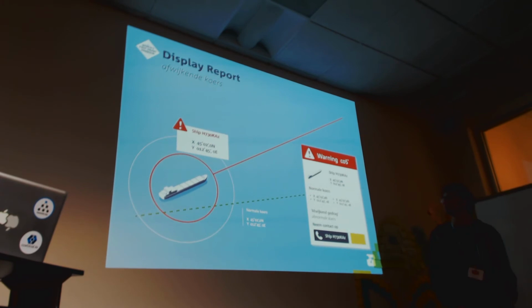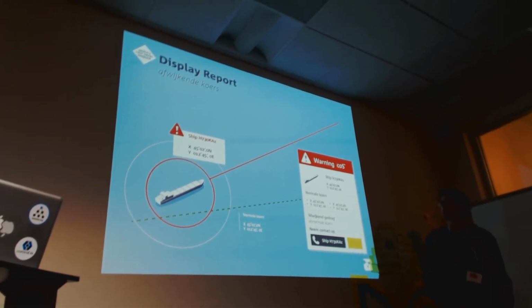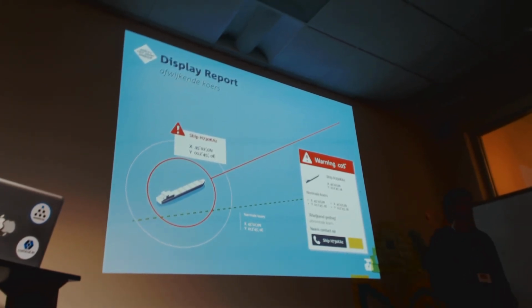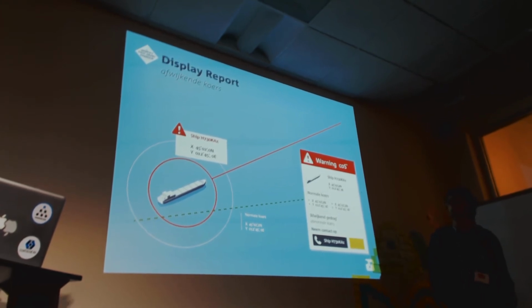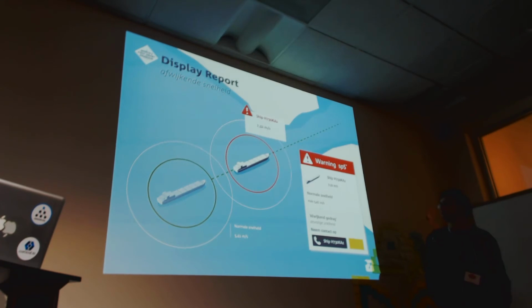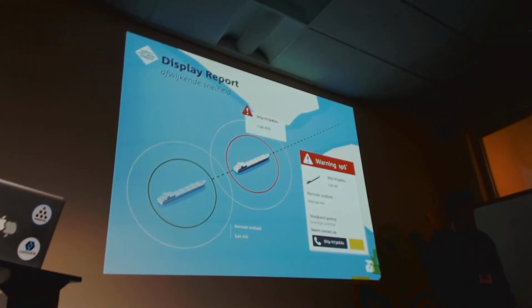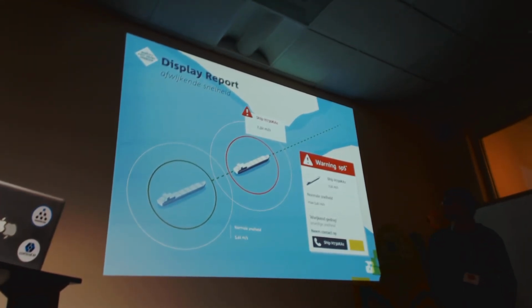There were a couple of things we tried to do. One was to see if the ship goes on another course than predicted. We also wanted to see if it's another speed, so if it's closing up on a ship or a ship is slowing down.